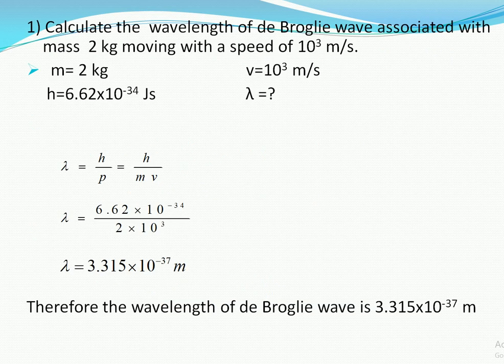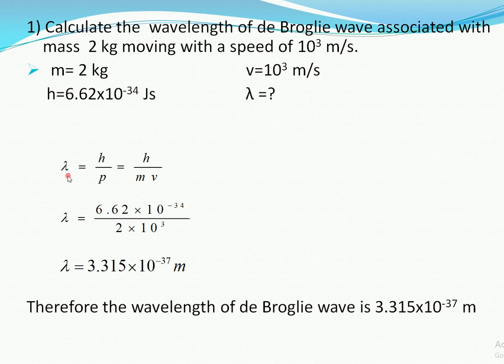Numericals. The first numerical is: calculate the wavelength of de Broglie wave associated with mass 2 kg moving with a speed of 10⁻³ meter per second. In this numerical, mass is given, that is 2 kg, velocity is given as 10⁻³ meter per second, and Planck's constant has the value 6.62 into 10⁻³⁴ joule second, and we have to calculate the wavelength.